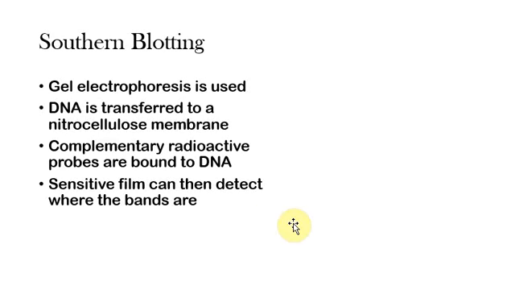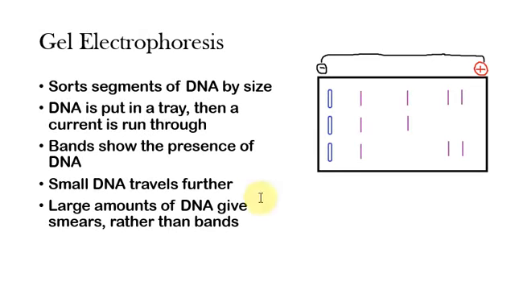That will detect the radiation, and when you look at the film, it'll show you exactly where just those 3 or 4 bands are, like with this example, and that will help you study just the small sequence that you want to study.